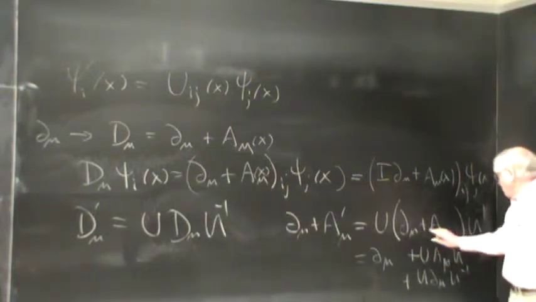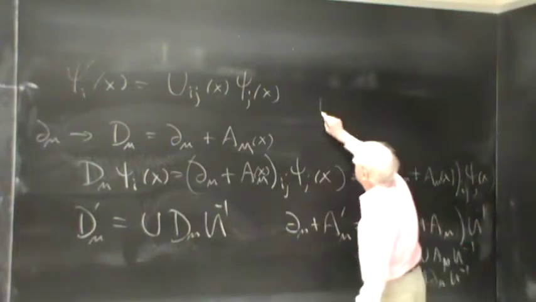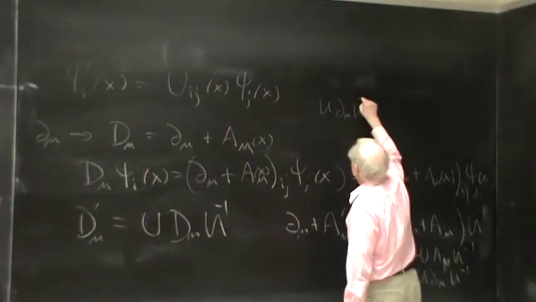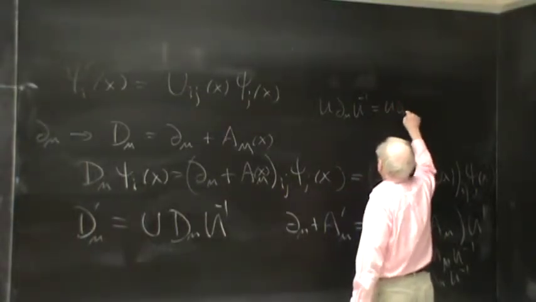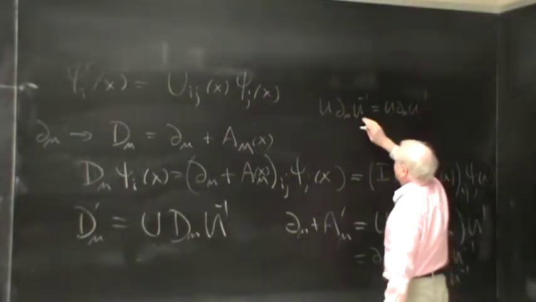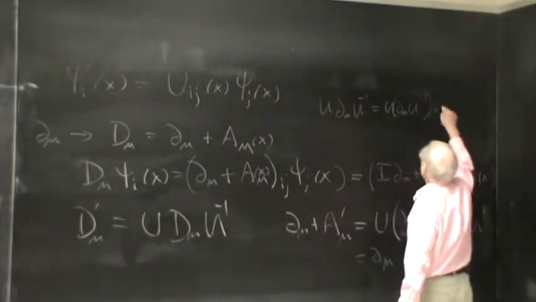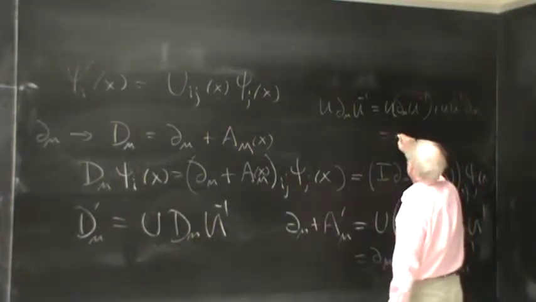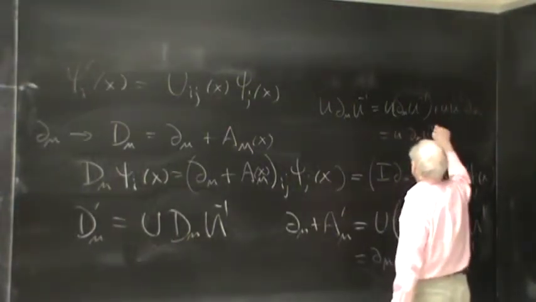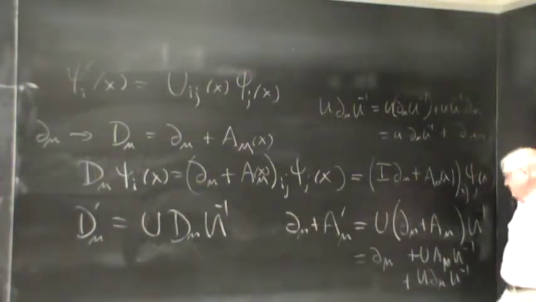There's the d mu, in other words, U d mu U inverse is U d mu U inverse by itself plus U inverse d mu, and that's simply U d mu U inverse plus d mu. Okay. All right.